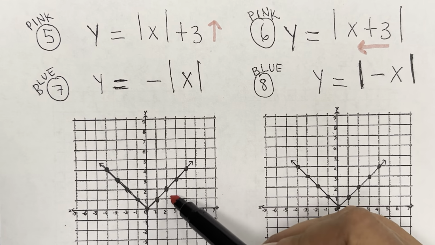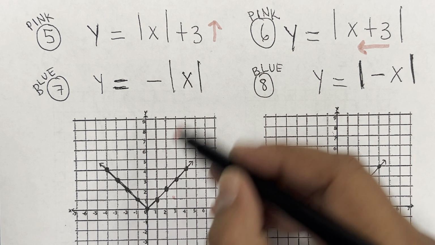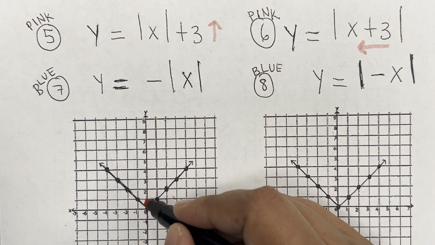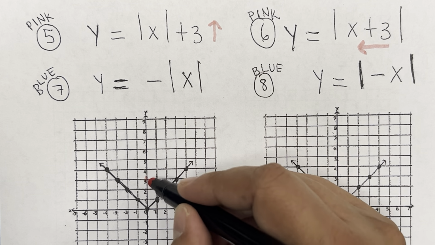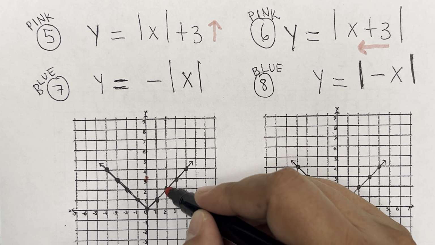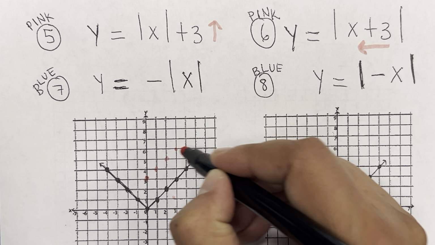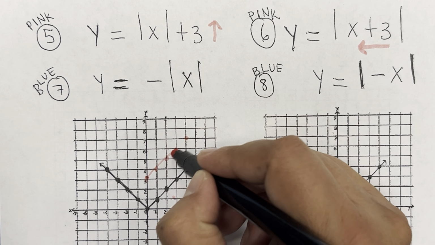So we have this graph right here. All you have to do is add 3 to each point. So we start at 0, 0, 1, 2, 3 right here. If you want, you can see that there is a pattern and you can just do the dots like this because it's just diagonal, and do your line.